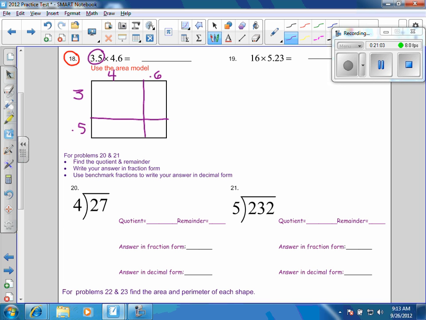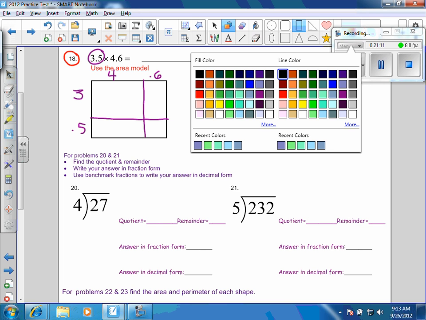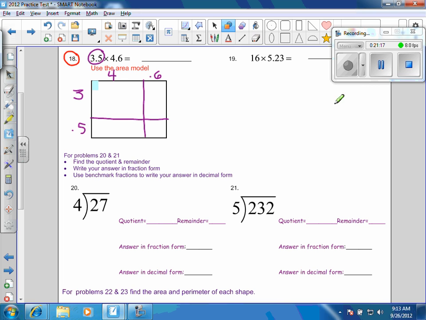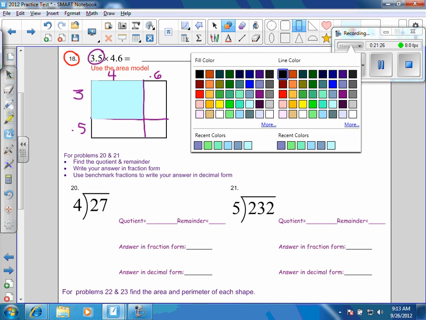Do you see these 4 spaces here, the different little rectangles? There's this rectangle here, and then there is this rectangle here.